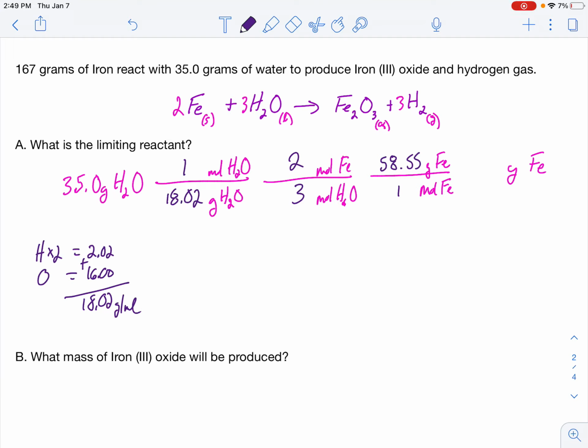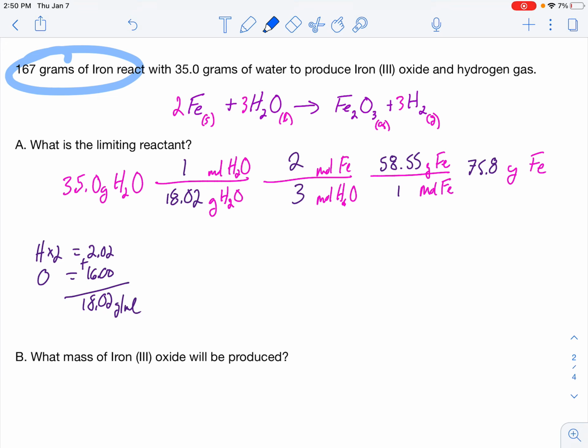So we have 35 divided by 18.02, times 2 divided by 3, times 58.55. It gives me 75.81, with 3 sig figs that's 75.8 grams of iron.